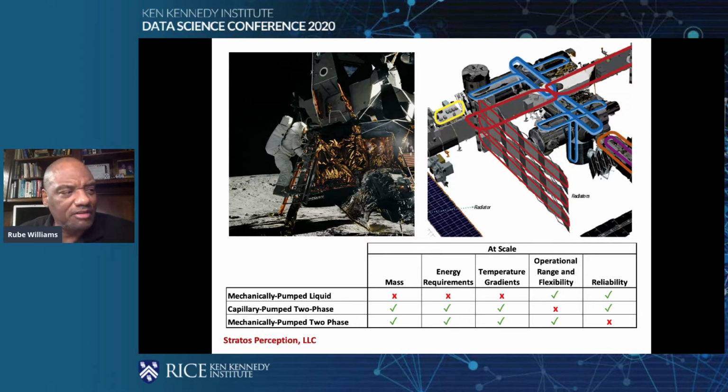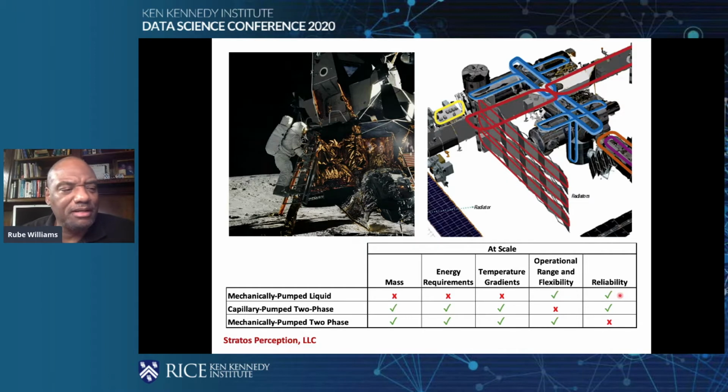The astronaut on the left: since Mercury, the astronauts have had water coolant loops in their garments underneath the spacesuit to help regulate their temperatures. And so we're showing in the plot below that the reliability of mechanically pumped liquid is extremely high. It's used in space, relied on in space, and will be relied on for some time.